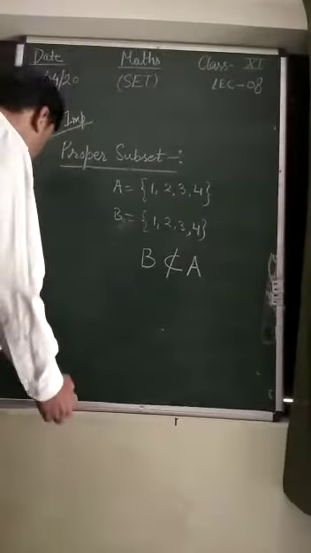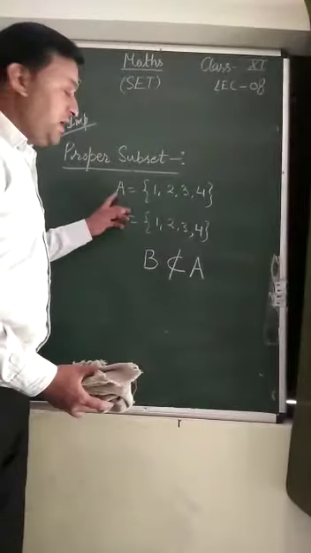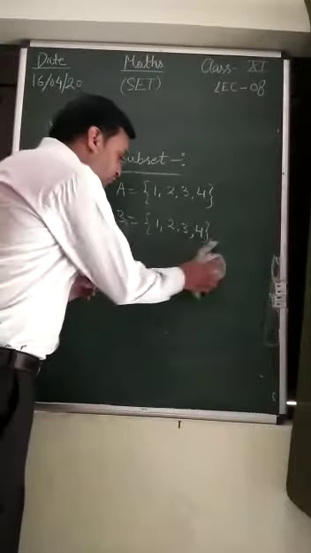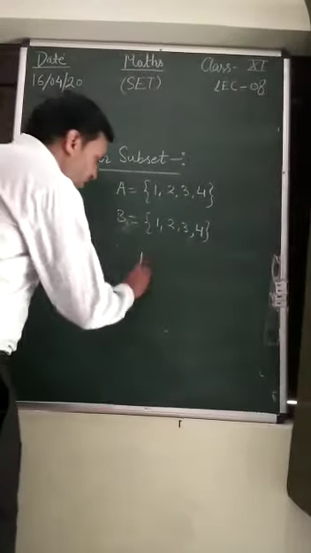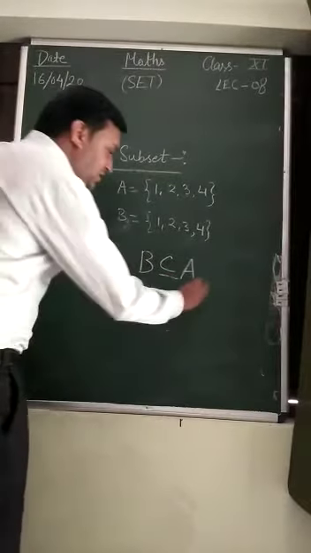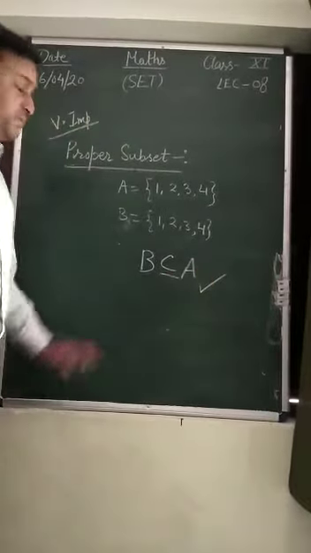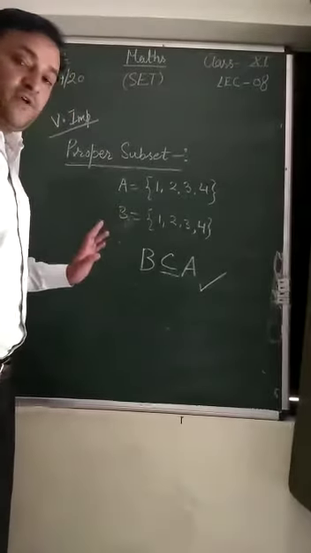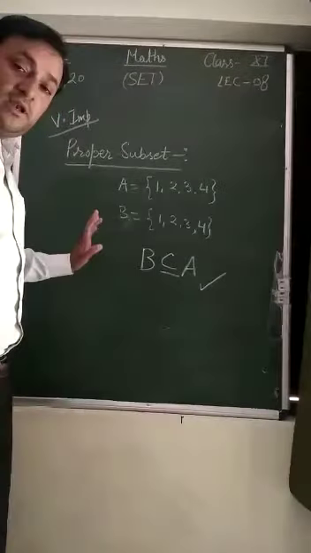But students, because B equals A, if we write B is a subset of A, this is a correct statement, but B is not a proper subset of A, because A and B are equal.